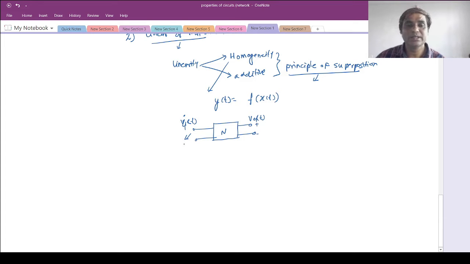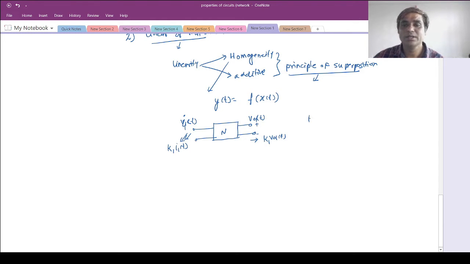Then this input I multiply by an amount, suppose K1. What will happen at the output side? The response which I got for I1 of t will also be multiplied by the same amount K1. This is basically the homogeneity property.